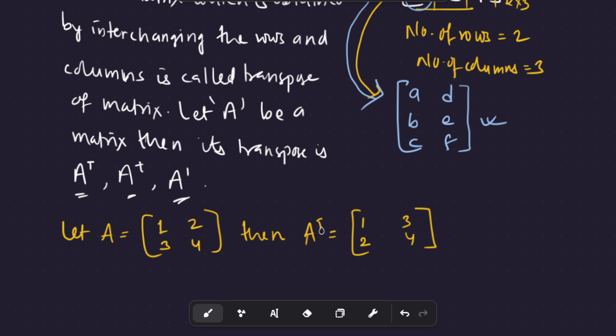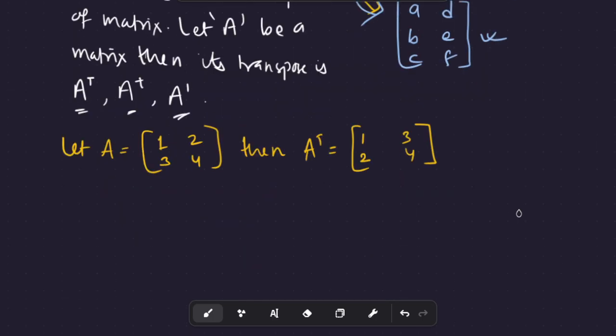The first row forms the first column, and the second row forms the second column. In this way, a matrix can be transformed just by interchanging the rows and columns. It is called the transpose of a matrix.